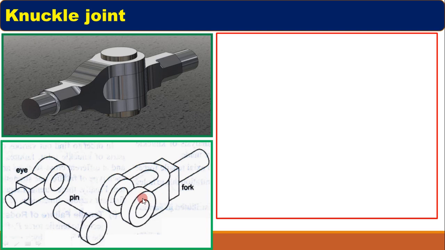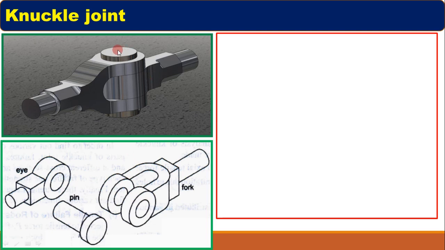The fork end has two hollow cylinders, and the eye has one hollow cylinder at its end, with a hole of the same diameter, and its outer diameter is also the same. So the outer diameter of the fork end is the same as the outer diameter of the eye end. Also the inner diameter of the eye end and the inner diameter of the fork ends are the same.